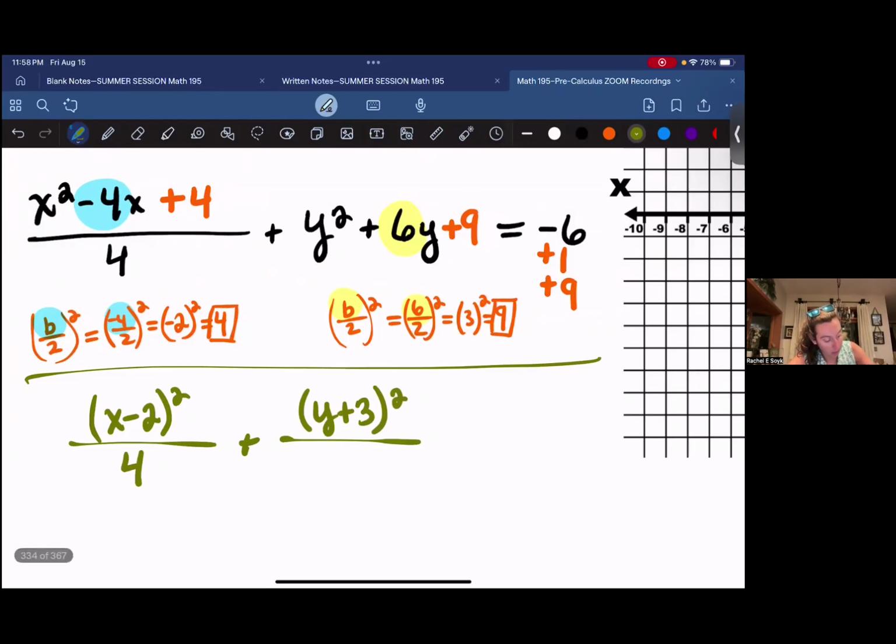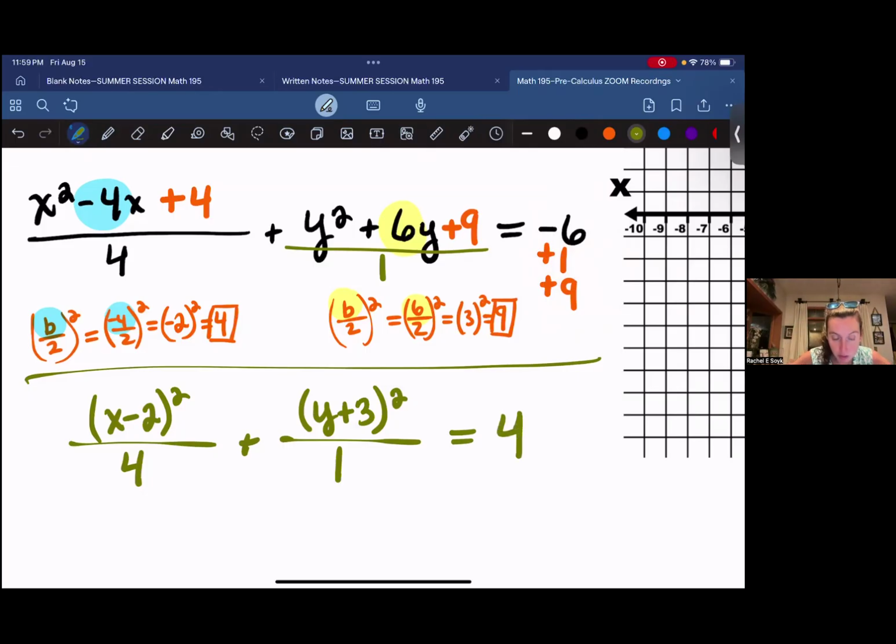And then our denominator is just 1 if we wanted to put this all over 1, right? And then on this right-hand side, we got 9 plus 1, which is 10, and 10 minus 6 is 4. So we have this is equal to 4.